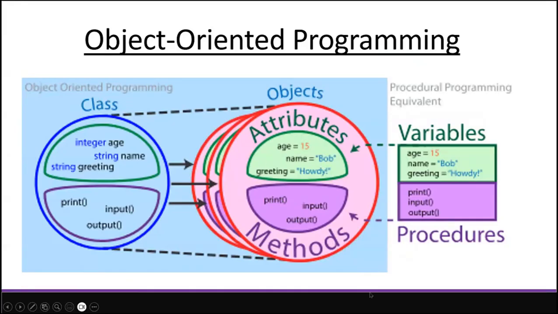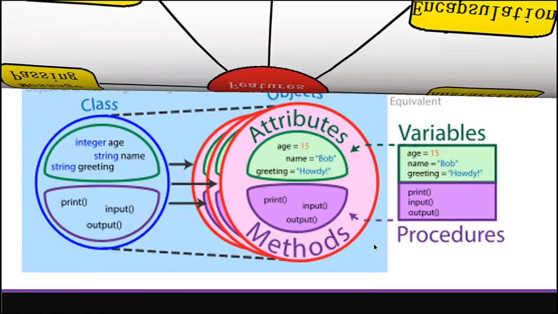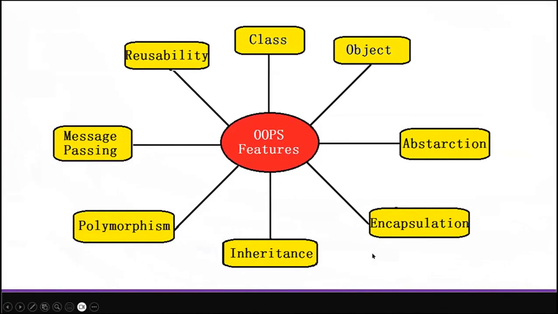Okay, this chart I think students all know it. These are the basic concepts of object-oriented programming, including class, that is the template of the objects, and object as the data entity units, and then abstraction, encapsulation, private data field, public methods, and then inheritance, polymorphism, reusability, and message passing. Message passing is actually used in concurrent programming.